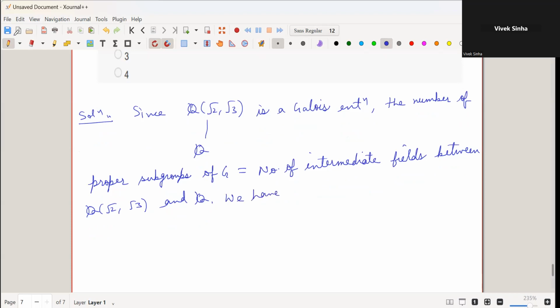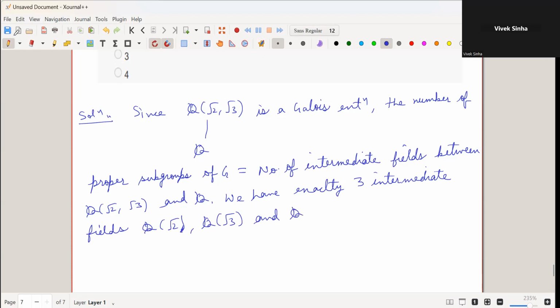We have exactly three intermediate fields, which are precisely Q(√2), Q(√3), and Q(√6).